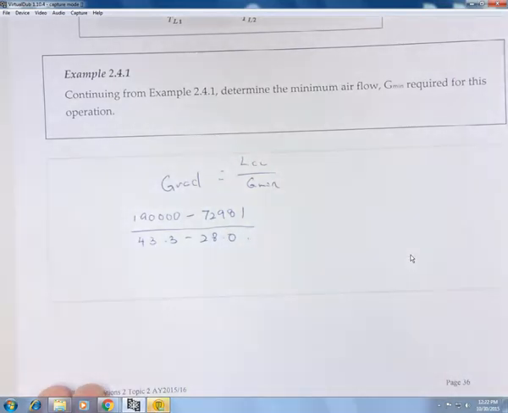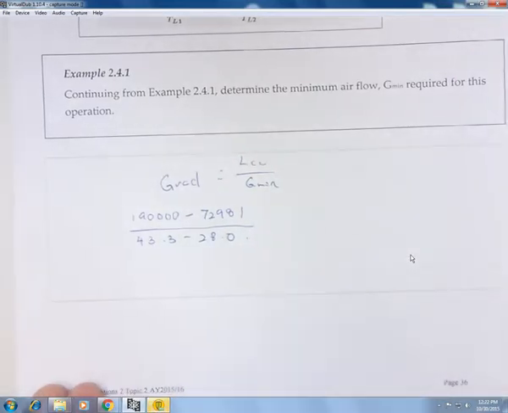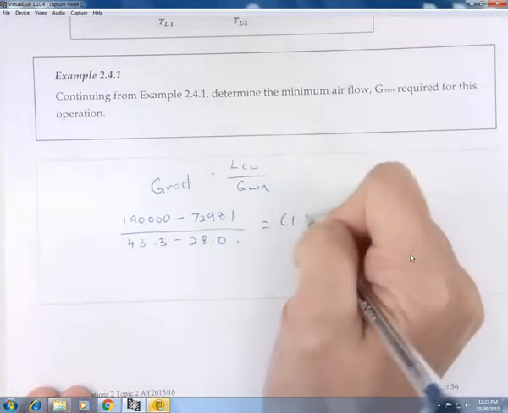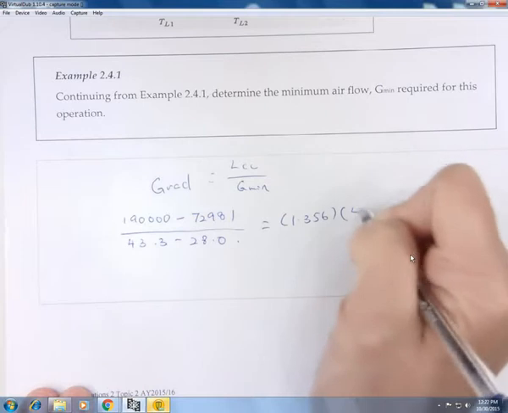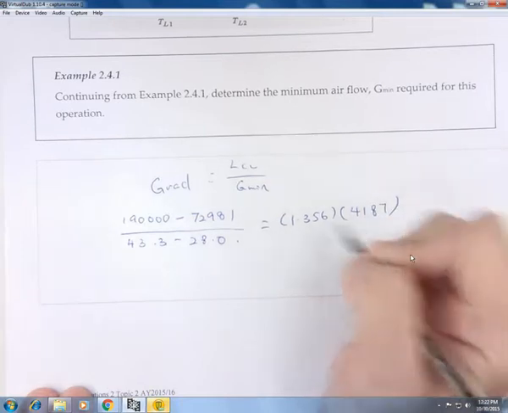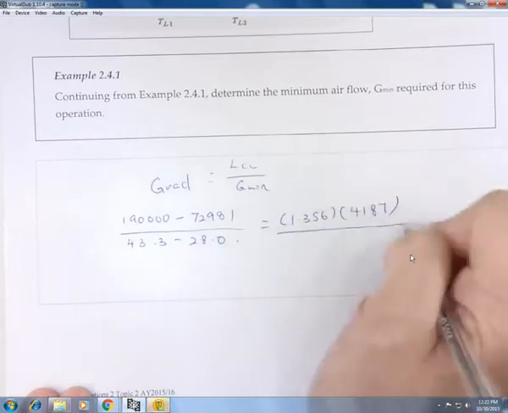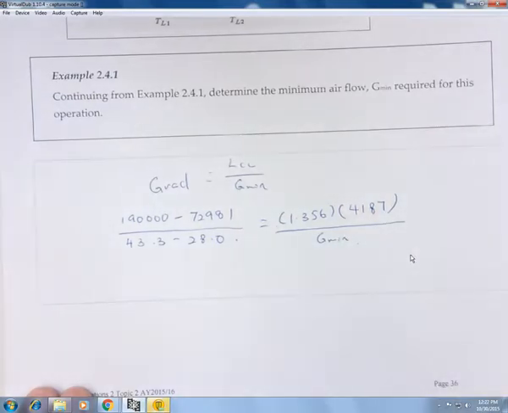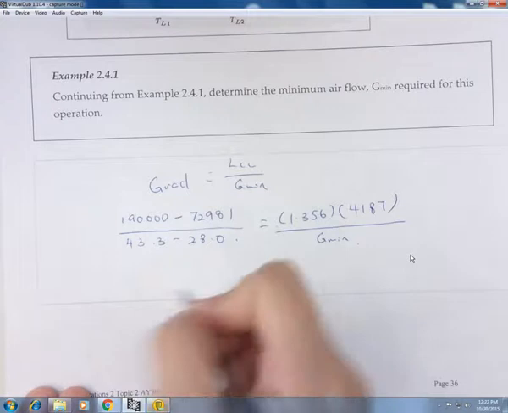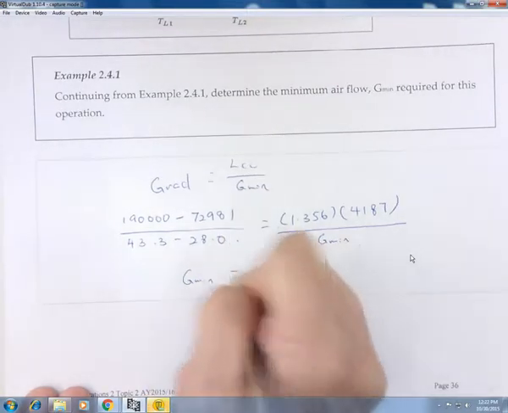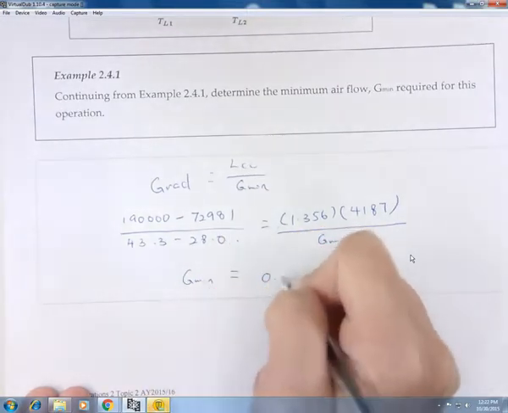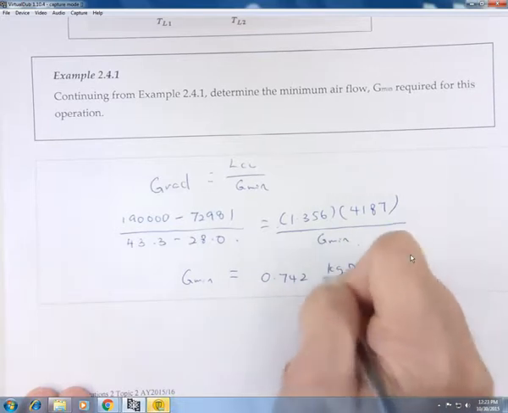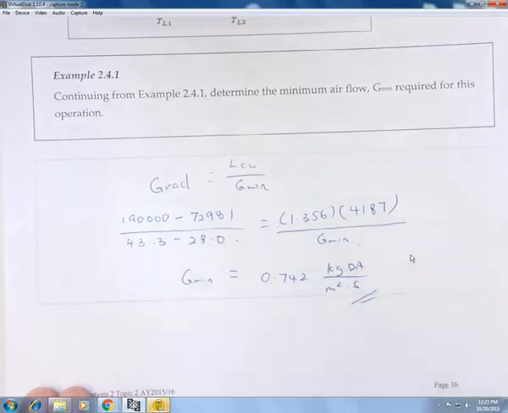This is the gradient of the line. Literally we read from the graph, delta y over delta x equals L Cl over G minimum, with the same L as before, 1.356. Cl is 4187, which is given, and this is your G minimum. You look at this, one equation, one unknown, you can calculate G minimum: 0.742 kg dry air. That's how you find G minimum.